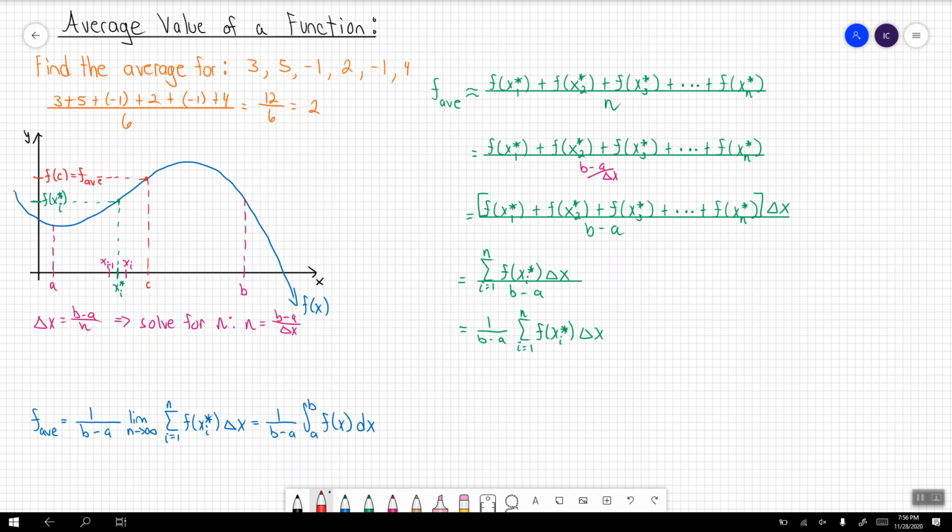And that's what we want to see, that this function will in fact get us an average, and that average is going to be some y output on the function itself.